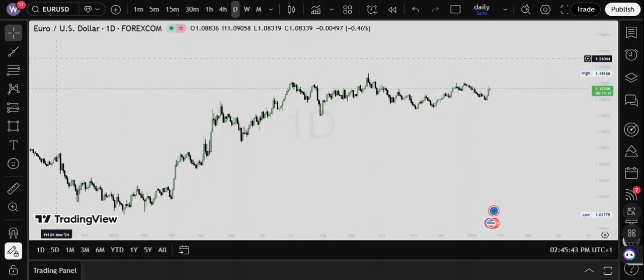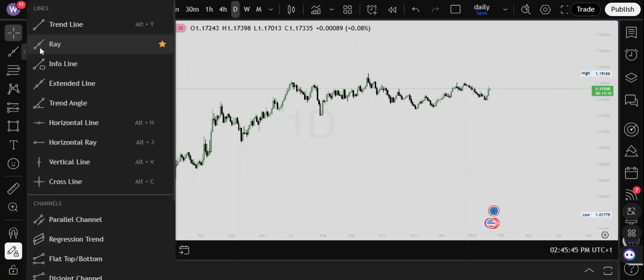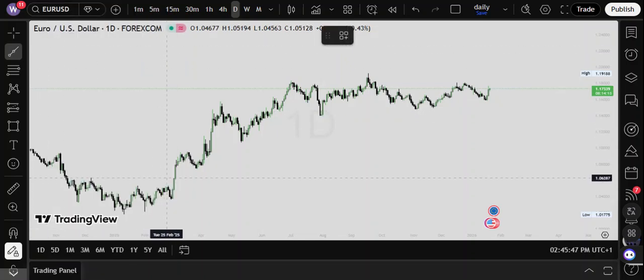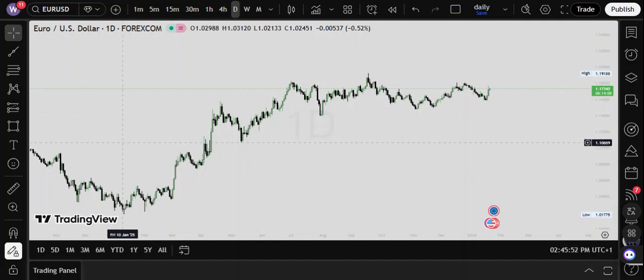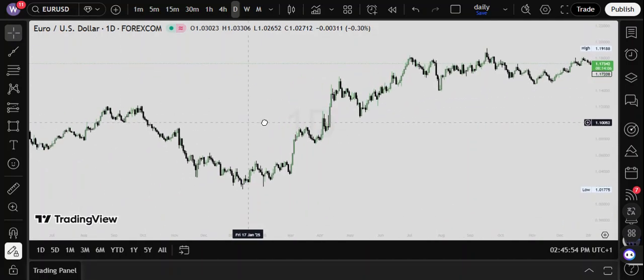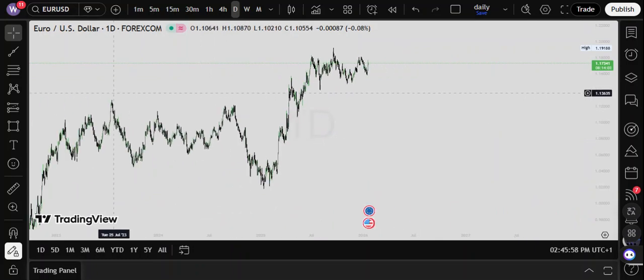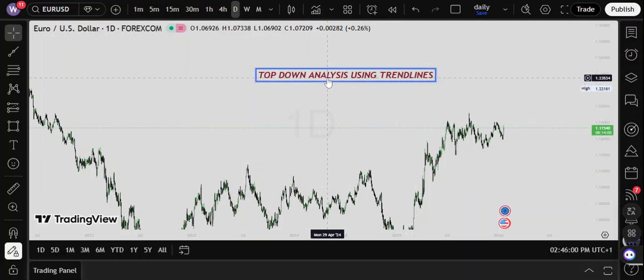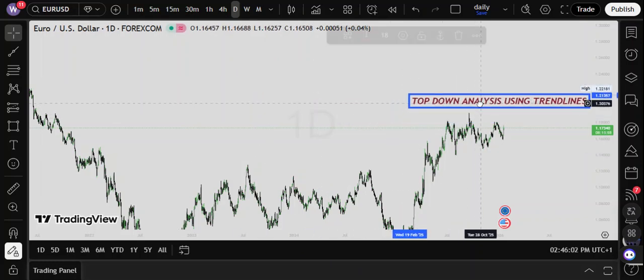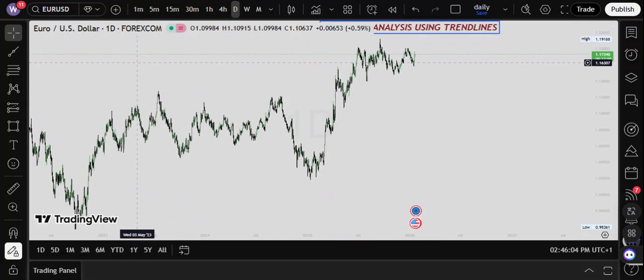So what tool are we going to be using? We'll come all the way here, pick out your red tool, and now, before we start drawing our lines, we have to first of all understand one concept. And what is the concept all about? The concept is all about whenever you are taking your lines, it has to come from a support area or a resistance area.